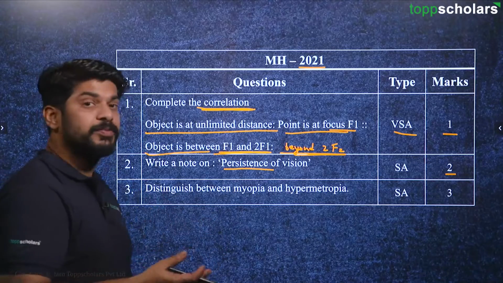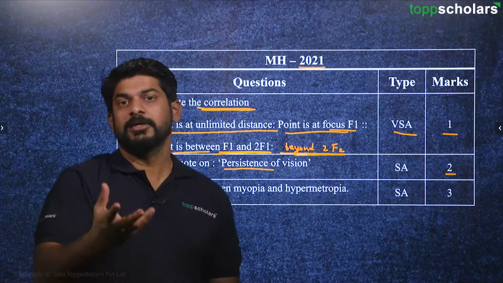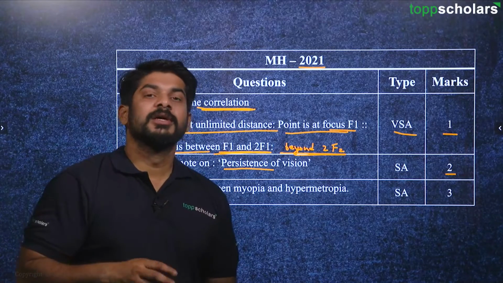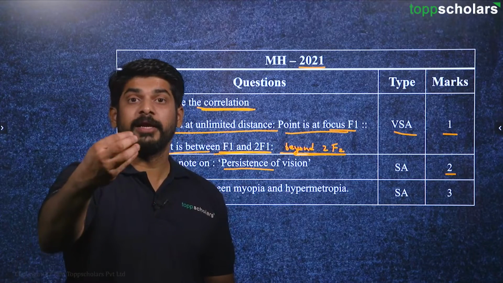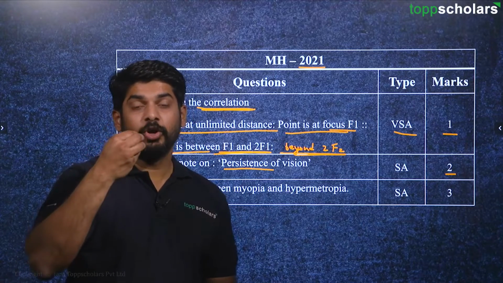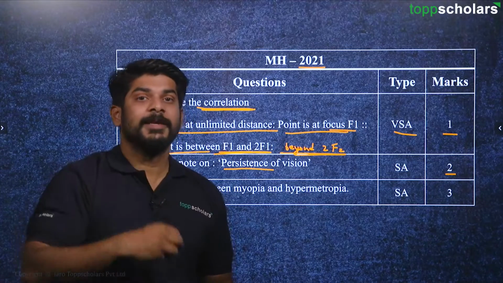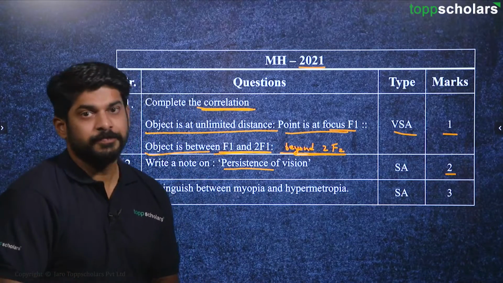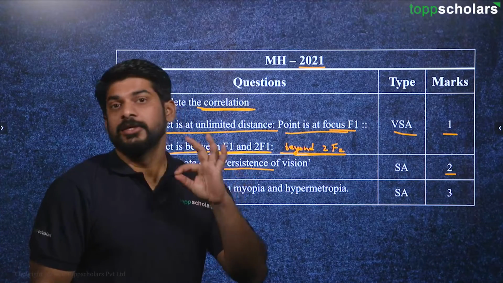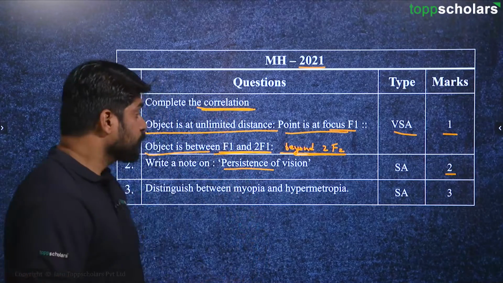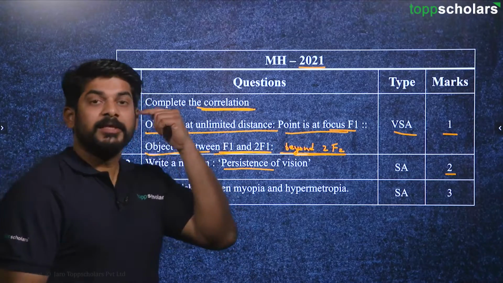Whenever you are looking at some object, like right now you are looking at the screen, the rays of light are coming from that particular object and entering your eyes, and they are falling on your retina, and then from the retina there is an optic nerve connected to the brain. Then the image is processed by the brain.